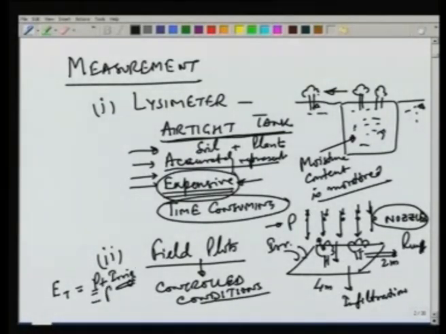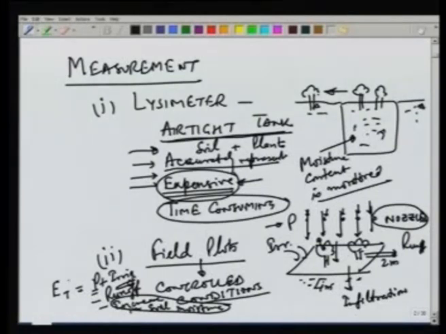Then we will have to measure the runoff, and if there is any increase in soil moisture, so this increase in soil moisture is typically measured below this level.